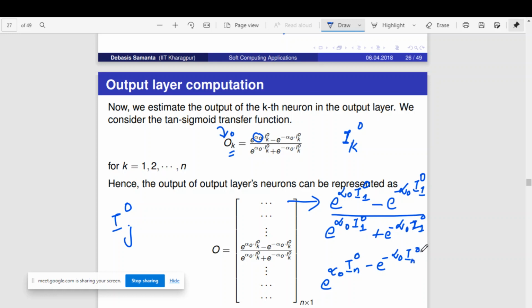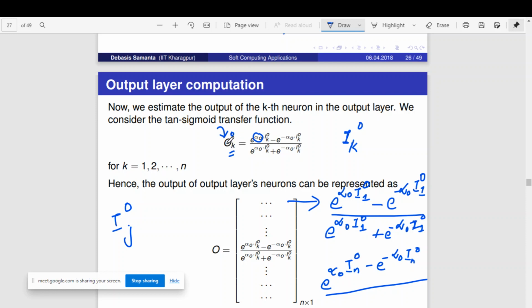Exactly. So what is Ok^O? It is the output of the kth neuron of the output layer.